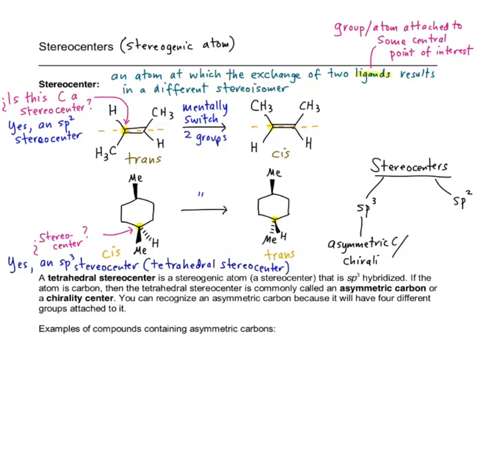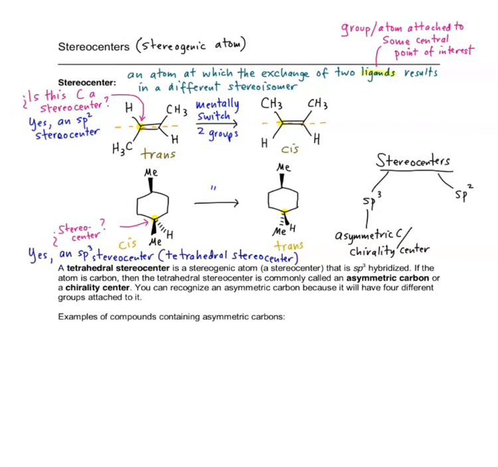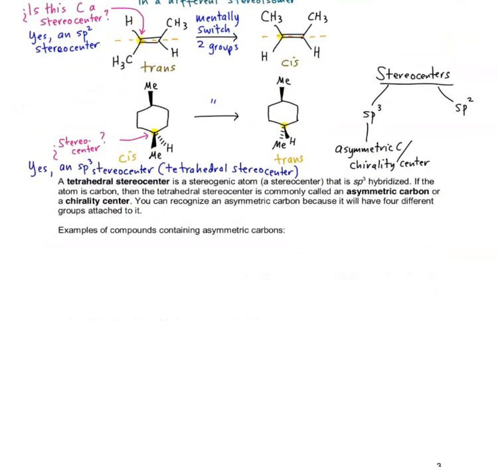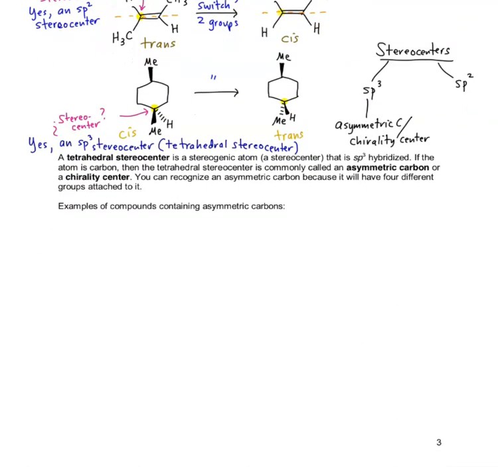Again, those terms are totally interchangeable. So a chirality center is a specific example of an sp3 stereocenter. So not all sp3 stereocenters are chirality centers, but some of them are. And those are the ones we're going to be focusing on. So let's take a look at some examples of compounds that have asymmetric carbons in them.